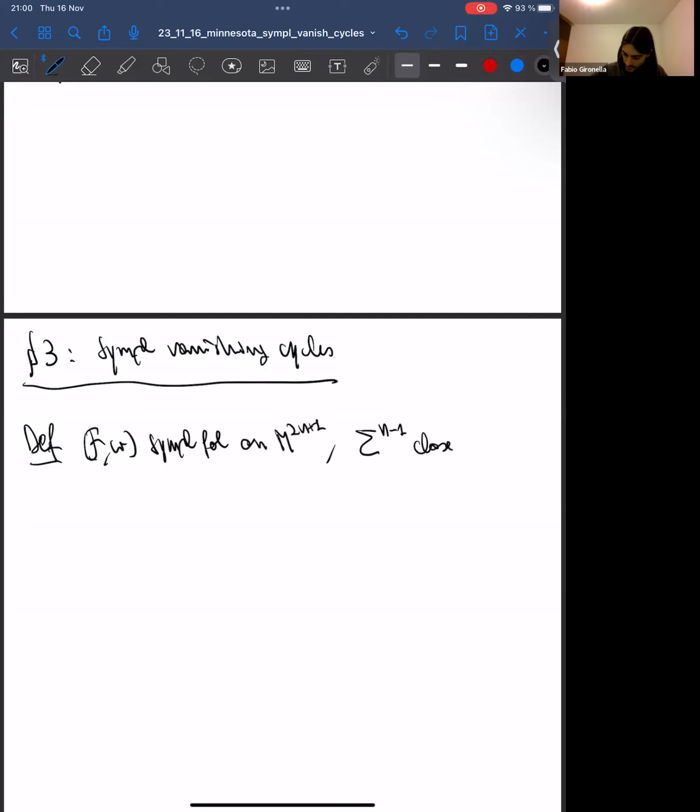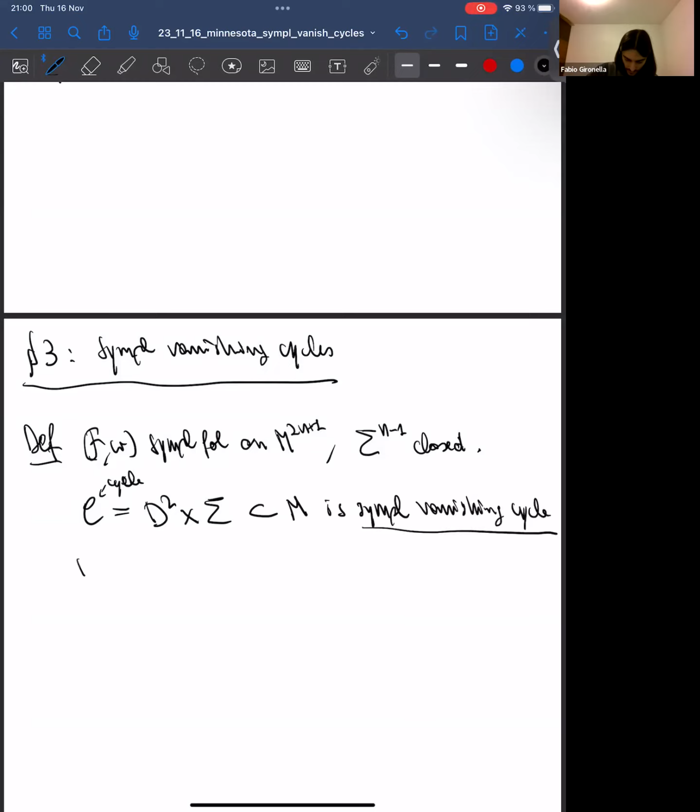This is the model manifold for our symplectic vanishing cycle. We consider C, which stands for cycle, a manifold of the form disk times sigma embedded in M. We call this a symplectic vanishing cycle if the following conditions are satisfied.